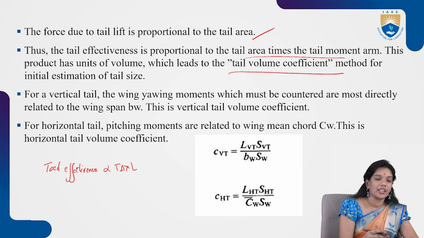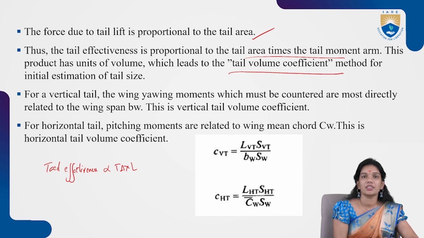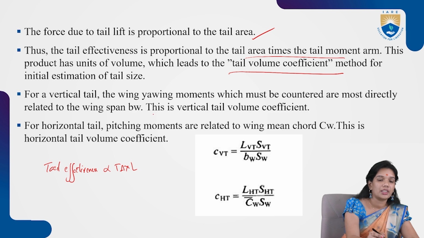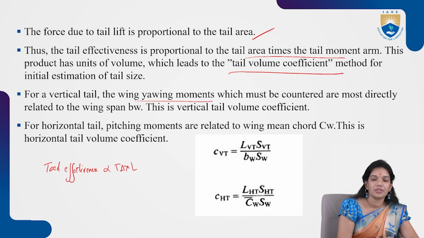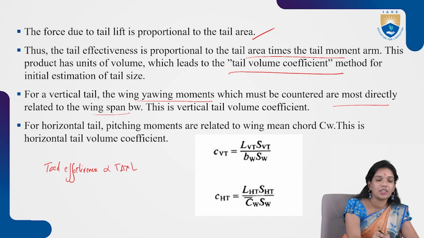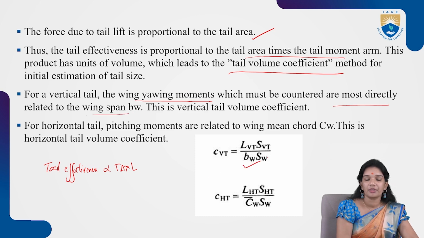Then we categorize this into a vertical tail and a horizontal tail. For a vertical tail, the yaw moments which must be countered are directly related to the wingspan, BW. The yaw moments are related to the wingspan, which gives the vertical tail volume coefficient.